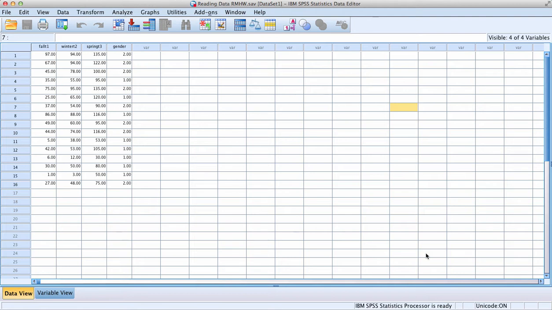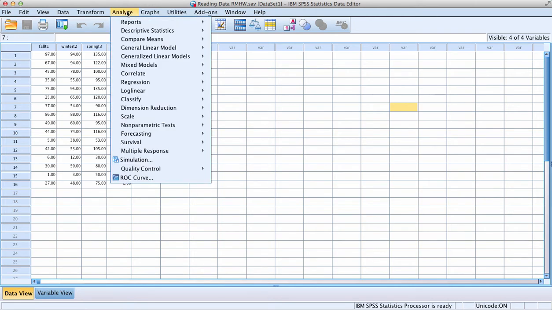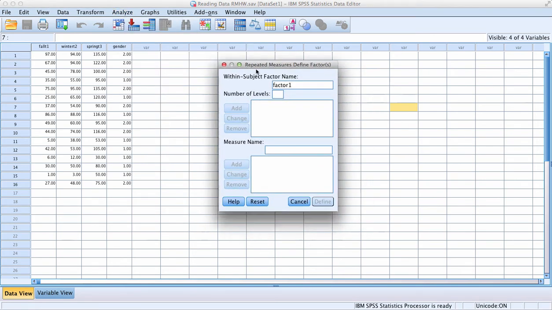The first part of the analysis, we're just going to do what we call the one within repeated measure analysis. So we'll just be comparing these terms or levels of reading without the gender factor. So we can go to Analyze, General Linear Model, and Repeated Measures.